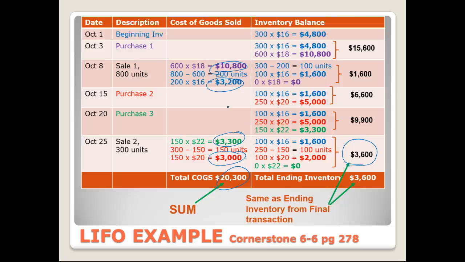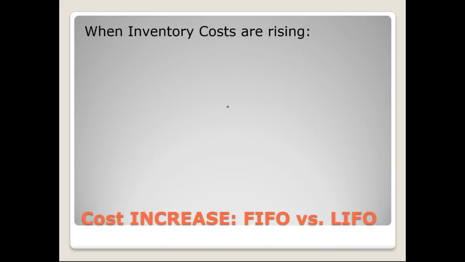Well, that seems like that'd be a good thing, right? Except that the higher my income is, the more I have to pay on income taxes. And companies who don't want to pay a lot on income taxes might want their expenses to be a little higher so that their taxable income was a little lower. So let's compare FIFO and LIFO.